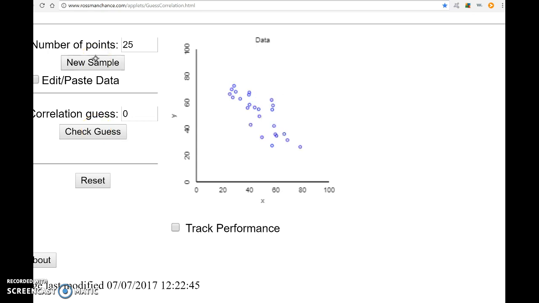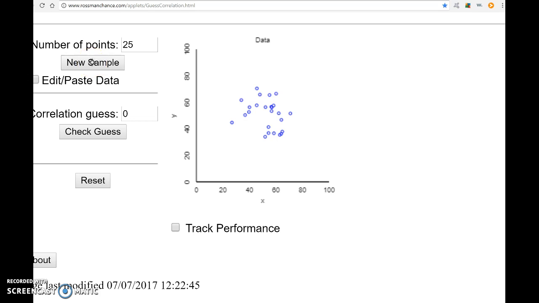This is pretty strong, moderately strong, negative. So maybe negative 0.7, negative 0.8. This is pretty weak, but I can see a little bit of a positive trend because of these couple points here. I'd maybe say positive 0.2. Ooh, yay me. Pretty random scatter. I don't even know if it's really positive or negative.